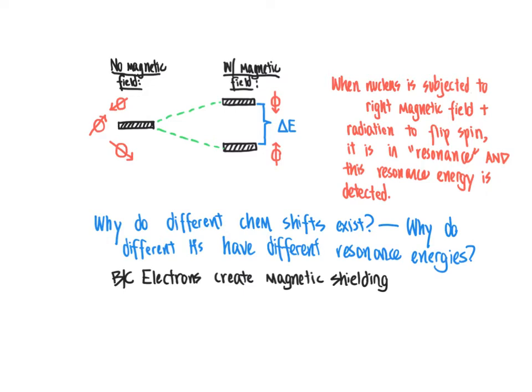So this business about electrons creating magnetic shielding, what we're referring to is that hydrogens in regions of high electron density are going to experience a magnetic field that is weaker than the actual applied magnetic field because they're being shielded by the nearby electrons.